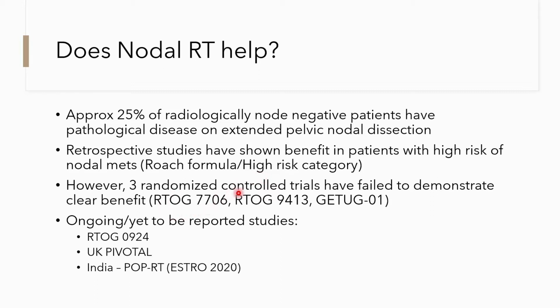This was followed by the RTOG 9413, which in its first analysis showed that there was a benefit of giving whole pelvis radiotherapy, but in its final analysis with longer follow-up, there was no benefit of giving whole pelvis radiotherapy. The GETUG trial was the French trial, the GETUG 01, and that again failed to demonstrate any benefit of nodal radiotherapy. So as it stands today, the randomized control trials have not demonstrated benefit of elective nodal radiotherapy in prostate cancer.